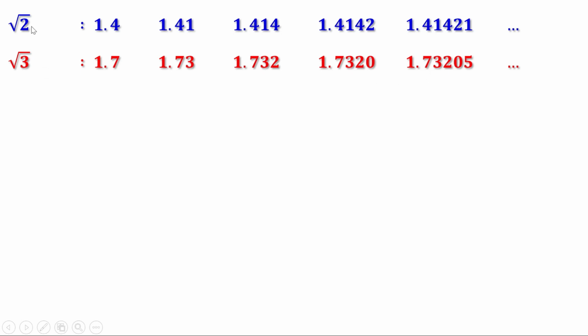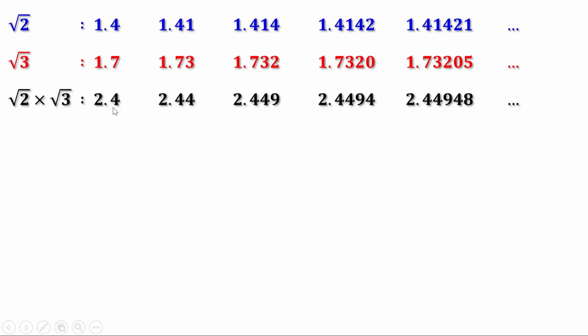Now to find root 2 into root 3, let us multiply these values. 1.4 into 1.7 is 2.4. Therefore, root 2 into root 3 is approximately equal to 2.4. Similarly, multiplying these two, we get 2.44. Multiplying these two, we get 2.449.